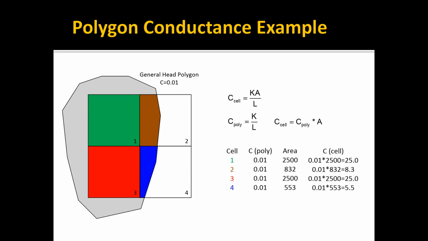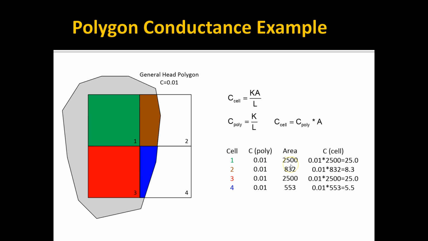And then let's suppose we have a general head polygon shown by this shape right here, and it overlaps 4 grid cells as follows. Cells 1 and 3 are completely overlapped, and cells 2 and 4 are partially overlapped. So for cell number 1, we have a conductance per unit area of 0.01.